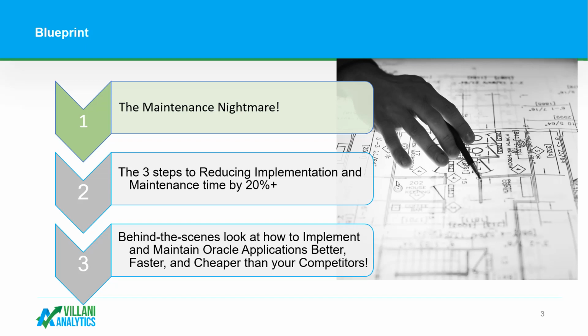In some cases, we've seen 50, 60, 70% reduction or even more, or up to 100% reduction in many of the tasks that we do. And lastly, we'll give you a behind the scenes look on the software that we've put together and many of the ones on our roadmap in order to implement and maintain Oracle applications better, faster, and cheaper than many of our competitors.